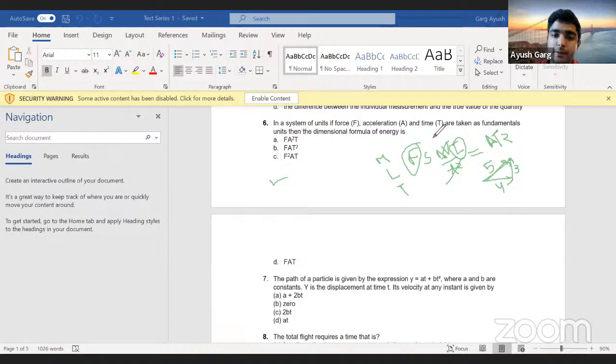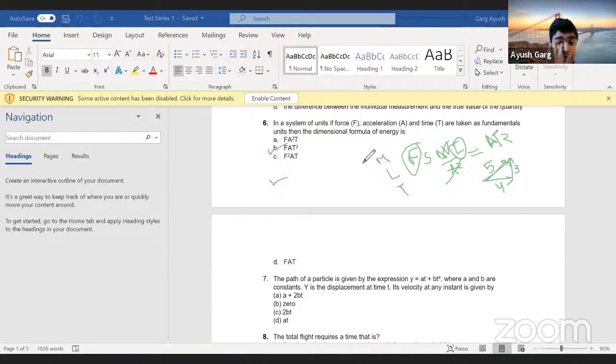So AT square is your distance or displacement unit, and F is your force unit. So F A T square is going to be your answer, because force into displacement has to be the answer.